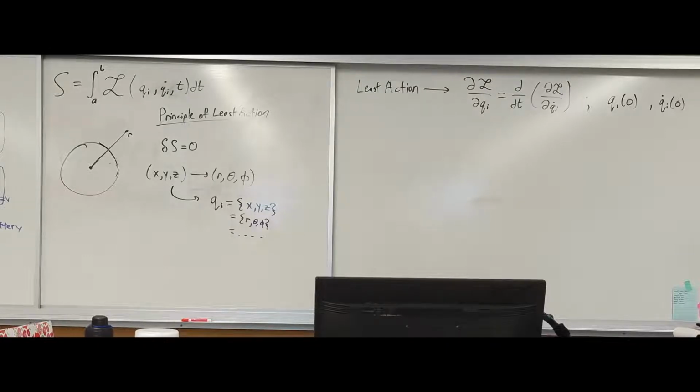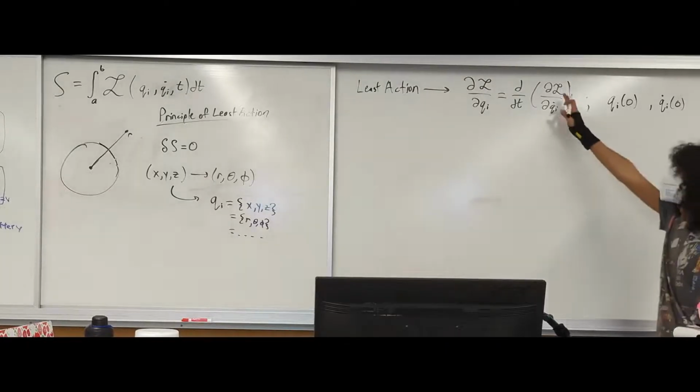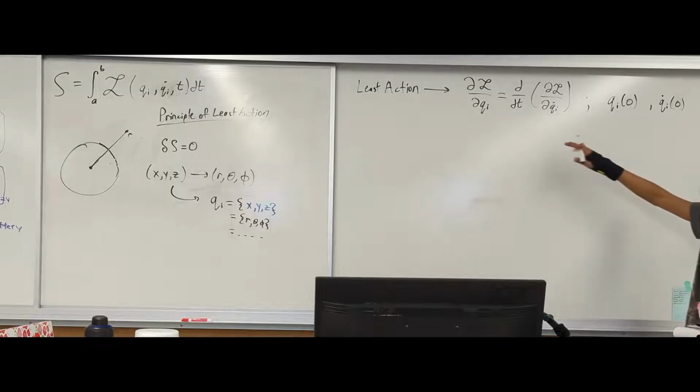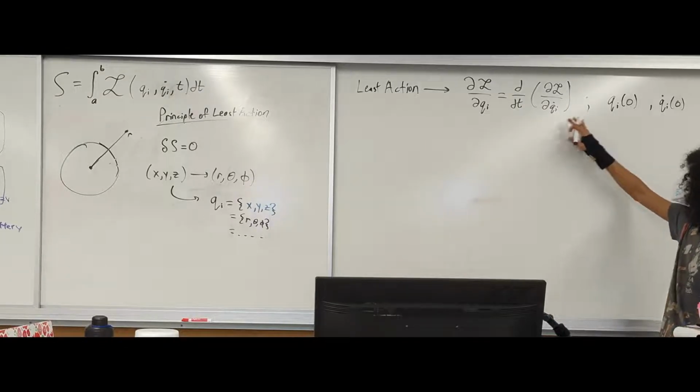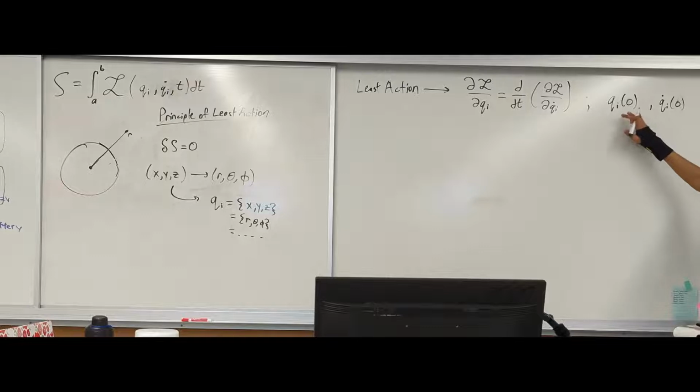So if we know what the Lagrangian is, we can then solve this differential equation given these initial conditions, and that gives us the whole trajectory of the system, so all the particles involved. Okay, we don't know what the Lagrangian is though, and that's a problem.